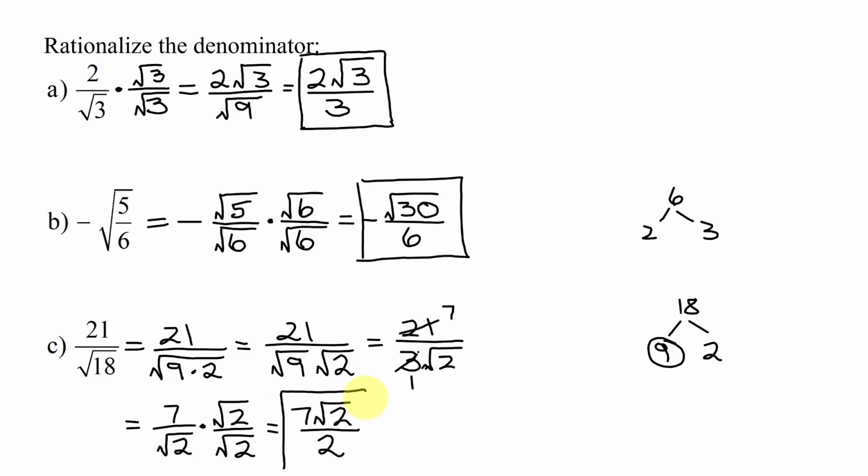So that is the answer for part C, 7 times the square root of 2 divided by 2. Remember, I cannot reduce this 2 with this 2, as one of them is under a radical, one of them is not. So again, I've rationalized the denominator, and you can see there are no square roots left in my denominator.